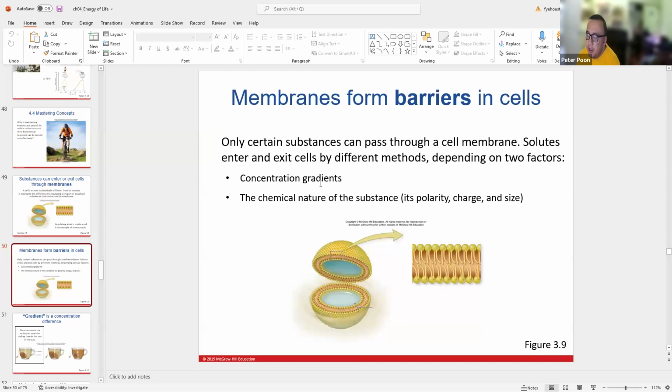One is the concentration gradient, how much is on the inside already and how much is on the outside. And two, the chemical nature of the substance, its polarity, charge, size. The bigger it is, the harder it is to get through the cell membrane. If it's polar, then it's going to be hard to get through the polar cell membrane. If it's charged, it's definitely even harder to get through the cell membrane.